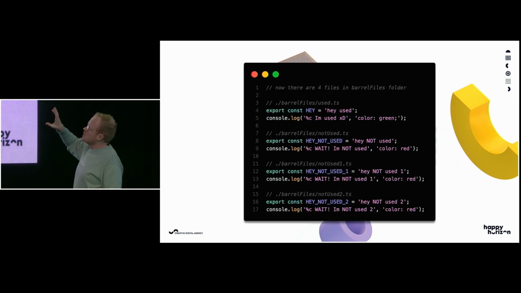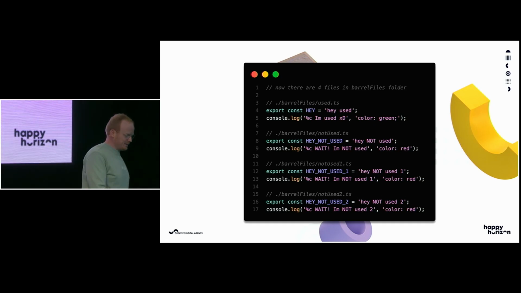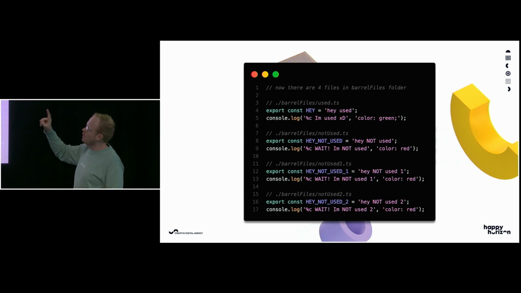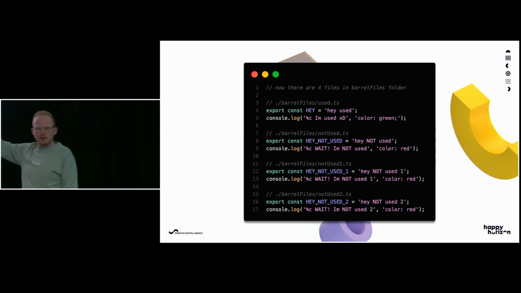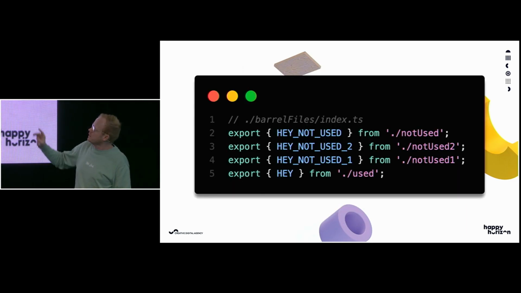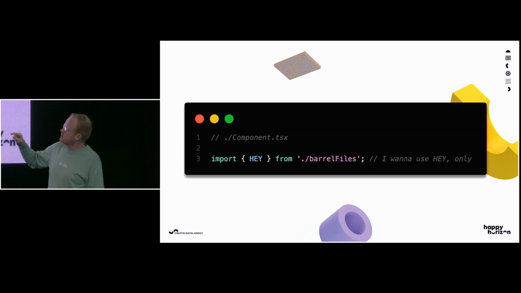But if you take a look at the separate files and you put a console log there, I changed it to info because my compiler didn't allow log. If you're using only one, the first one is the line that I'm actually importing. But they're all in the index file, which means that I'm only using the hey.